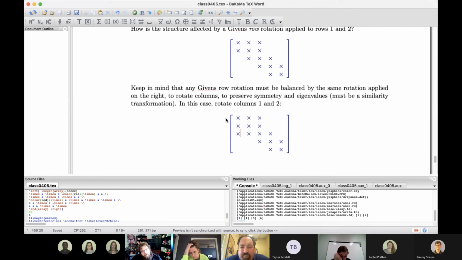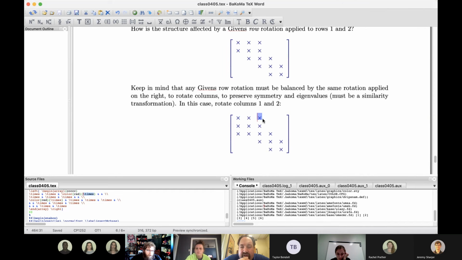But from this point forward, you're saying, okay, I want to come up with a given rotation that will zero this entry. So then this X will go away. And after you do a row rotation that zeros this entry, you can do the corresponding column rotation that will zero out its mirror image, this entry.